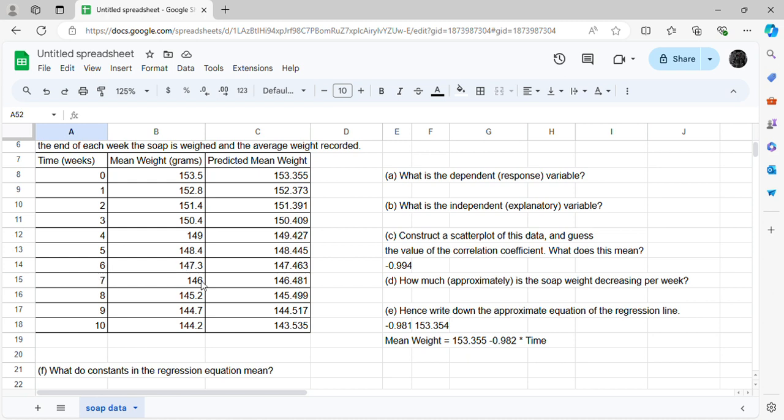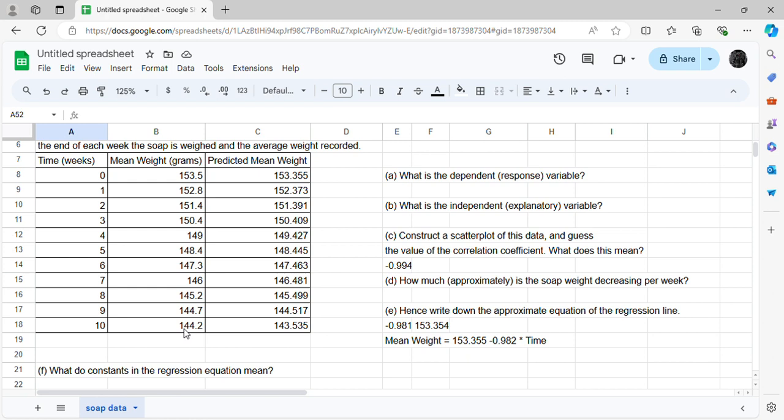After 6 weeks, 147.3 grams. After 7 weeks, 146 grams. After 8 weeks, 145.2 grams. After 9 weeks, 144.7 grams. And after 10 weeks, the average weight is 144.2 grams.